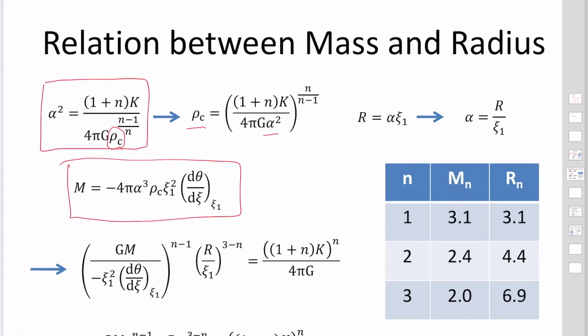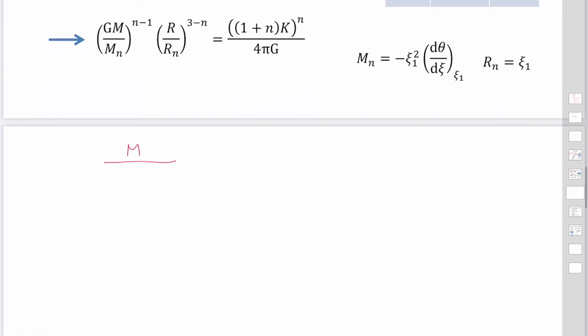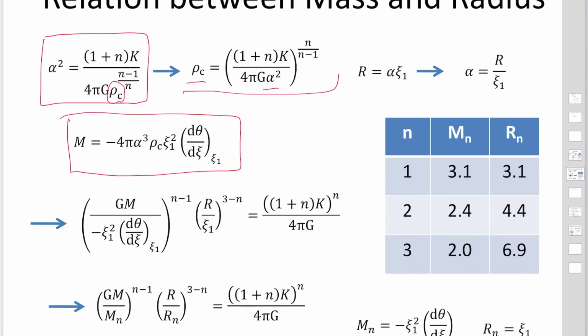So from these equations, M / (-ξ₁² dθ/dξ at ξ₁) = 4π α³ ρ_c. For ρ_c, I have derived this expression.